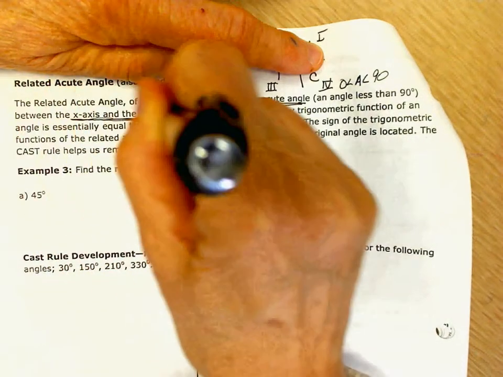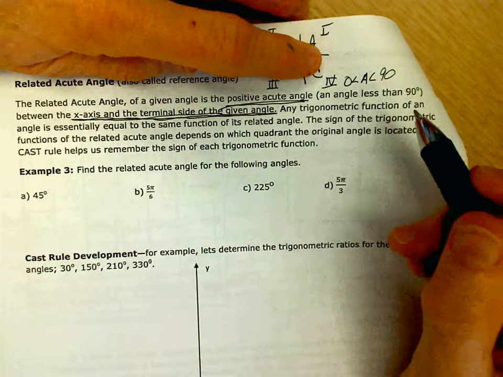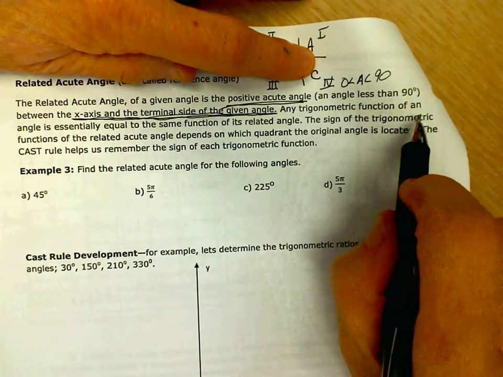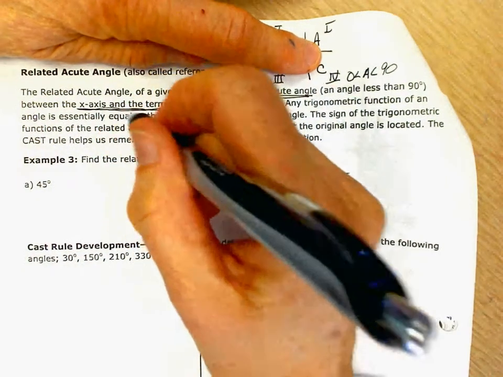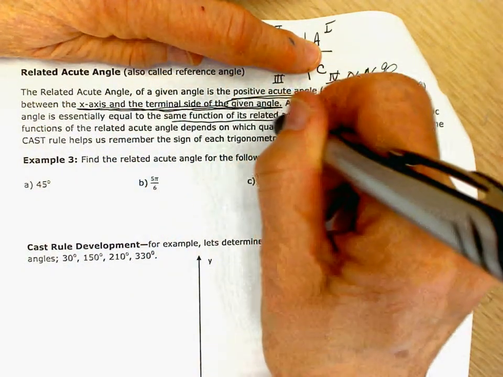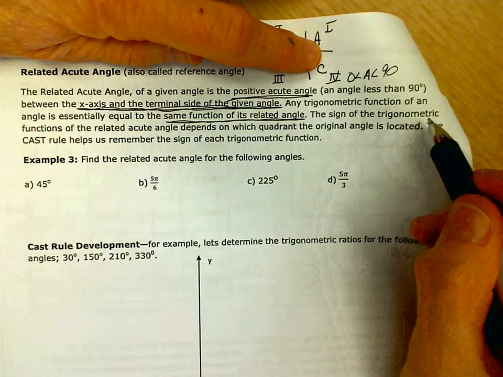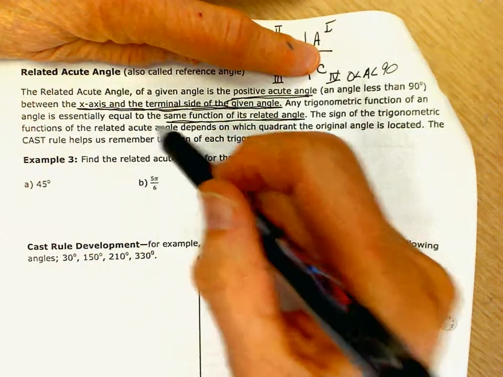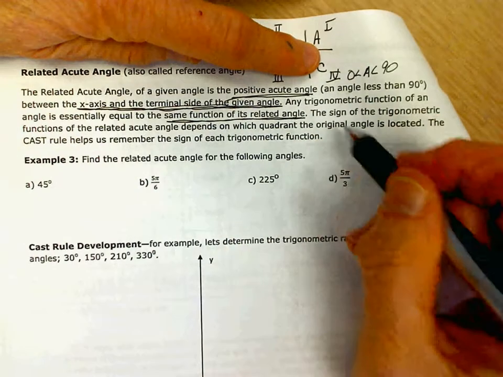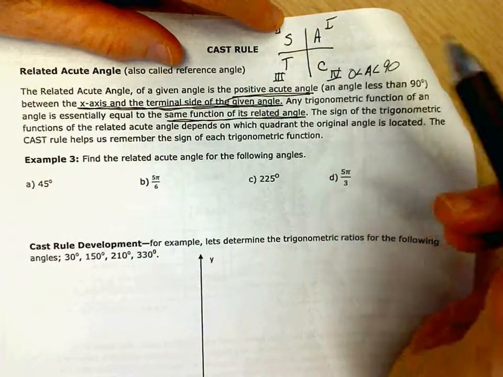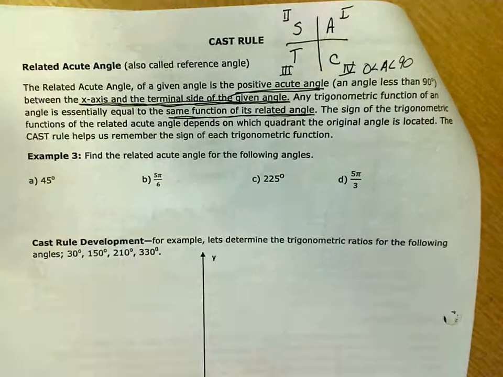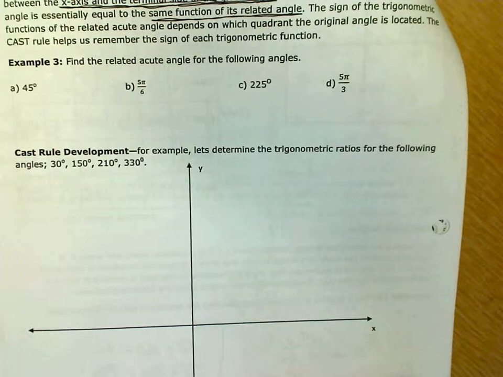And I'll emphasize that when I draw it. A trigonometric function of an angle is essentially equal to the same function of its related acute angle. The sign of a trigonometric function of the related acute angle depends on which quadrant it lands in. That's the cast rule. The cast rule helps us remember the sign of each trig function.